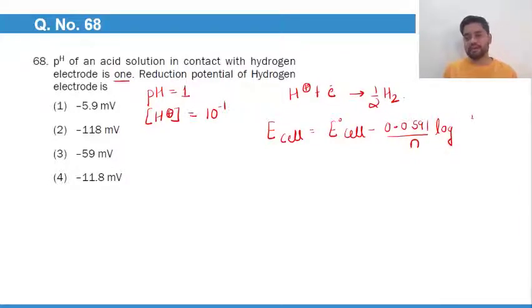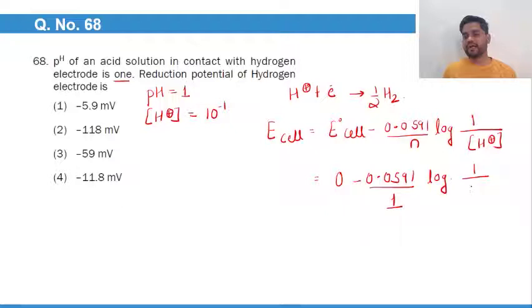So it will be 1 by concentration of H plus ion, right? So E naught of a cell, since it is hydrogen, is 0 minus 0.0591 upon 1 into log of 1 by 10 raised to minus 1. This 10 raised to minus 1 will become 10 raised to plus 1.